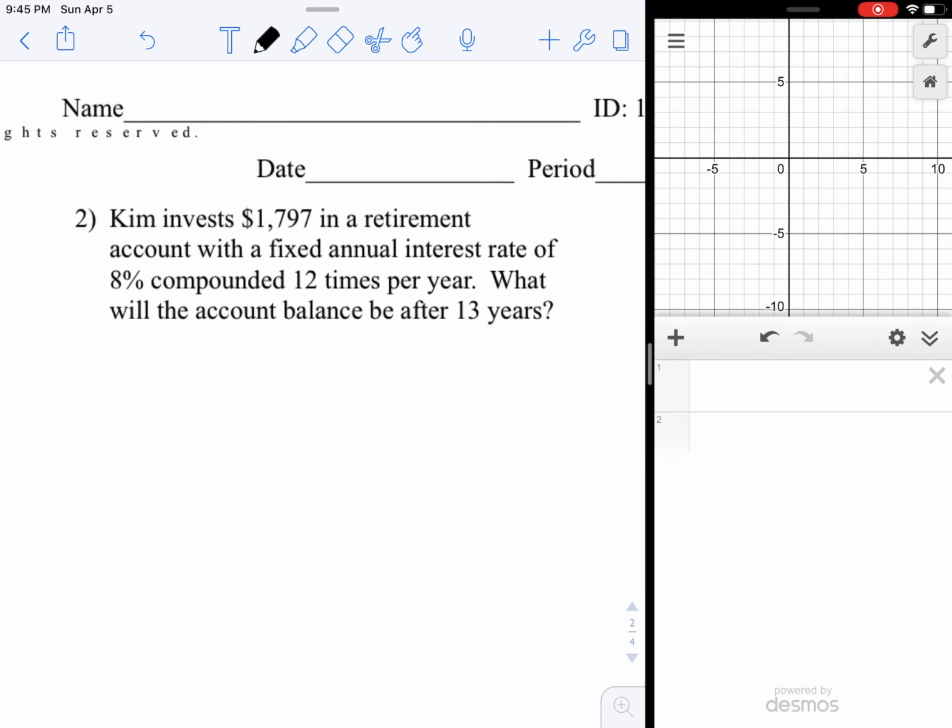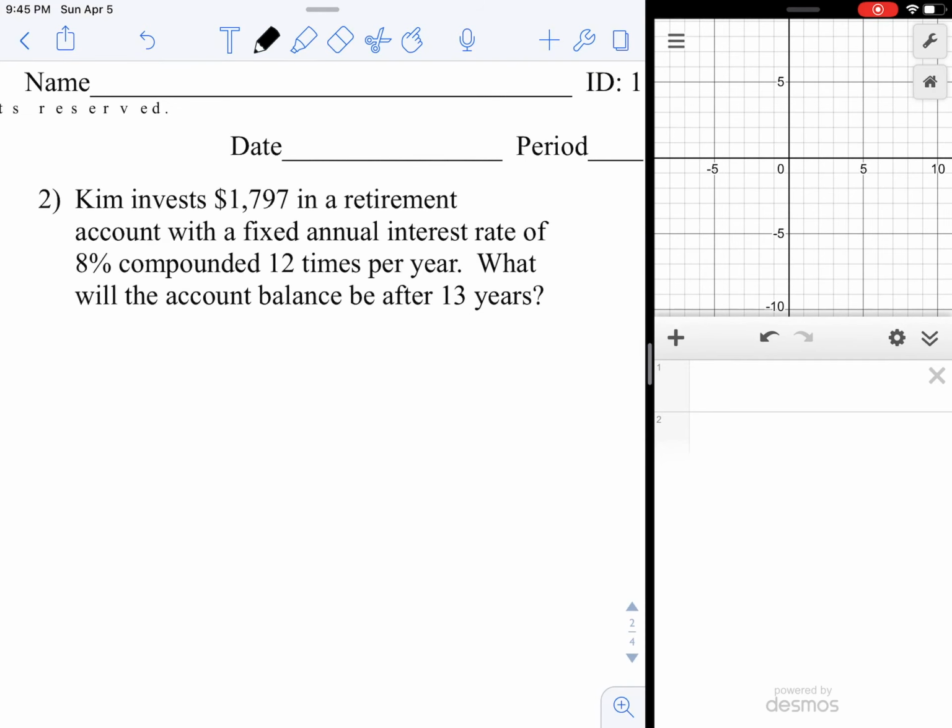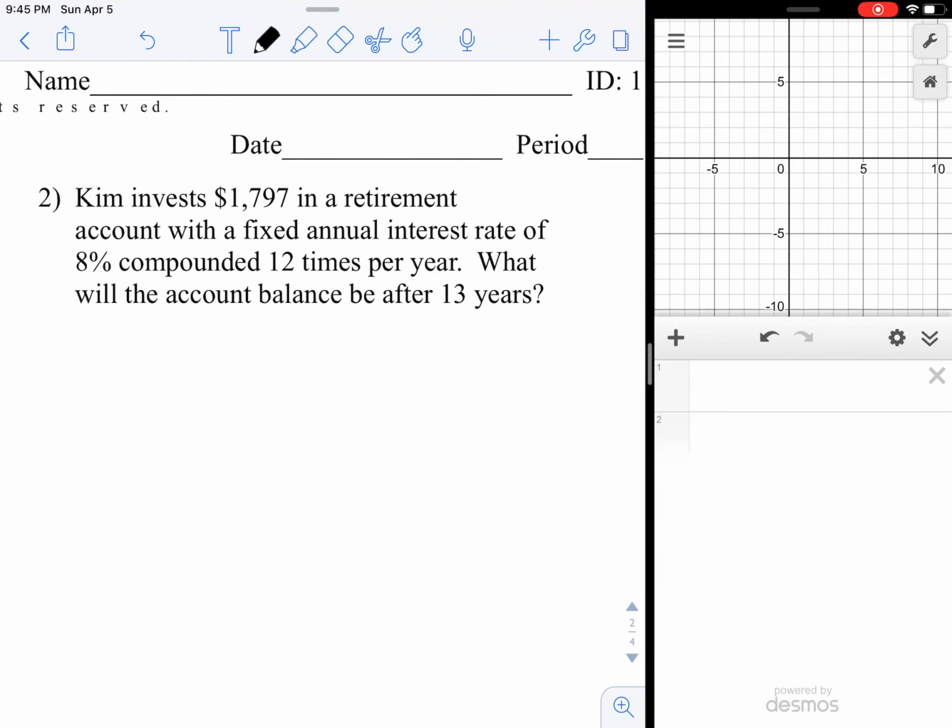So number 2, Kim invests $1,797 in a retirement account, interest rate of 8%, compounded 12 times per year. What will the account balance be after 13 years? This is our principal. This is our rate. The time is... nope, that was wrong. The number of times it's compounded is 12 times per year.